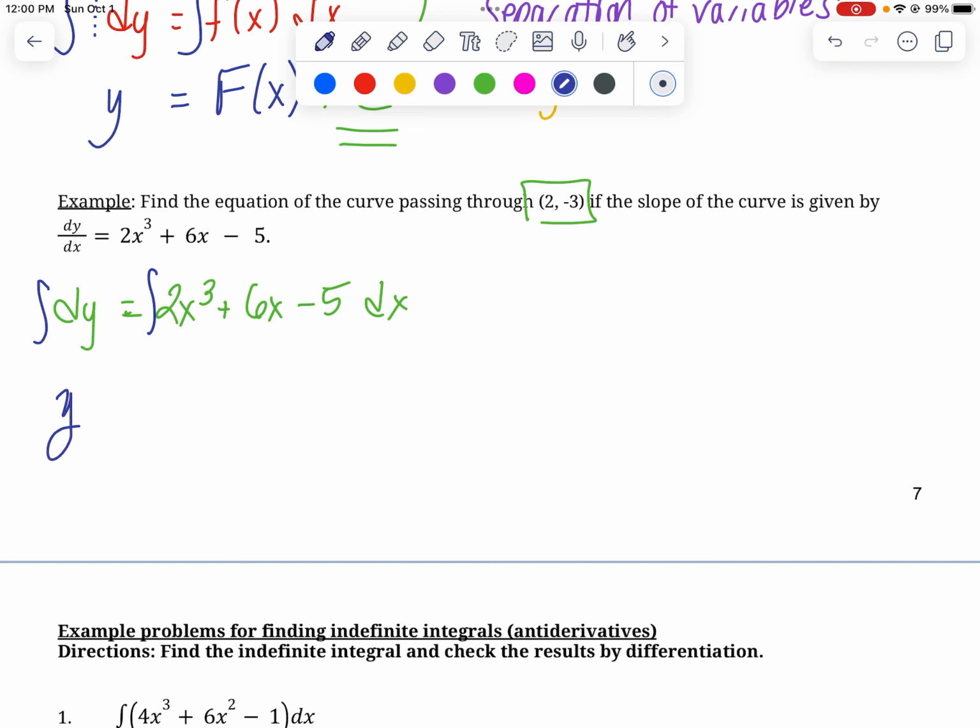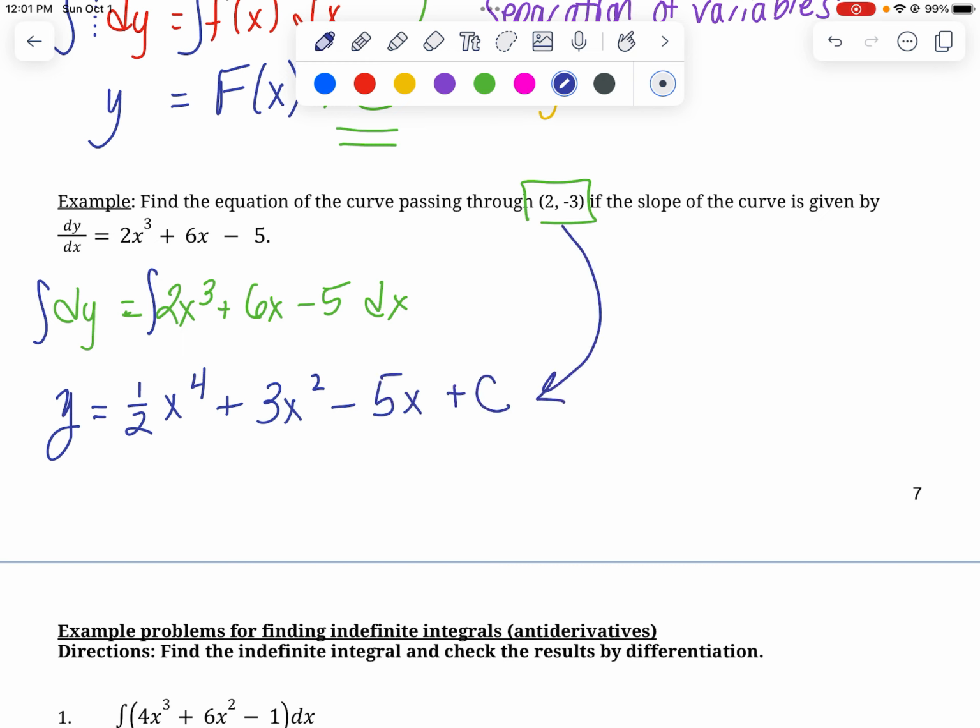This side gives me a y plus a constant, but I'm going to really just absorb that constant on the other side. We're going to anti-differentiate this guy, and we're going to go up a level, divide, so that would be 1/2 or 2/4 x to the 4th. And then we're going to go up 1, so that would be 3x squared, or 6 over 2 as your coefficient, and then minus 5x plus a constant.